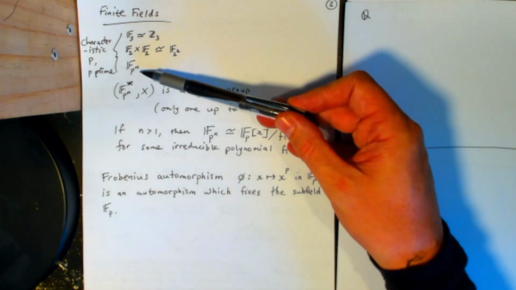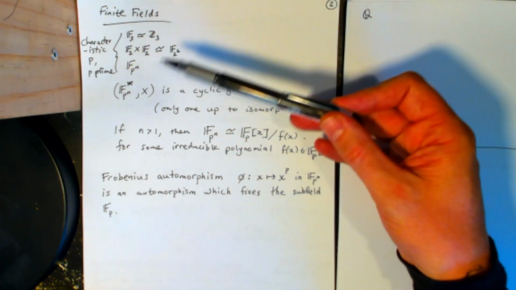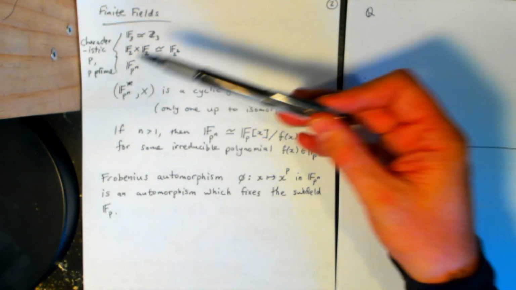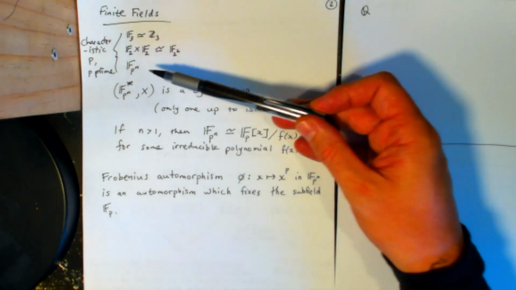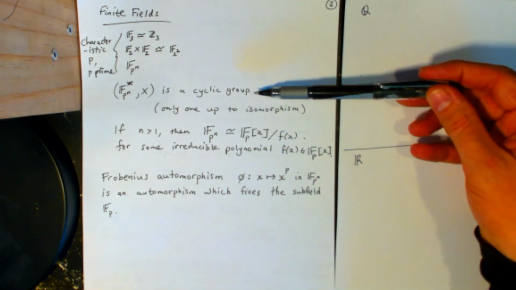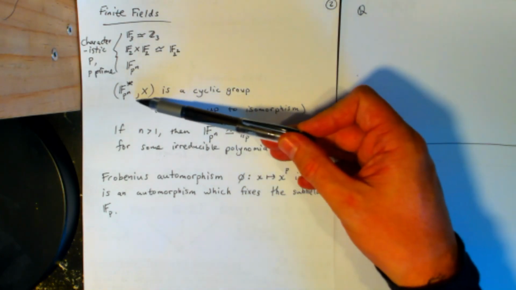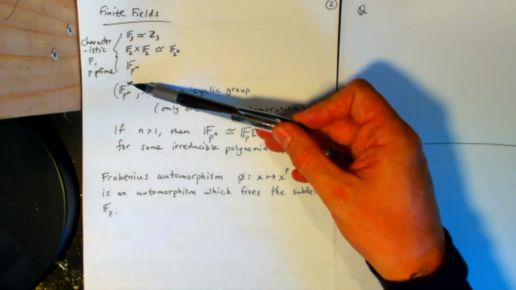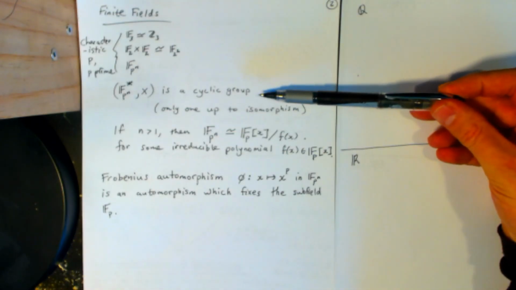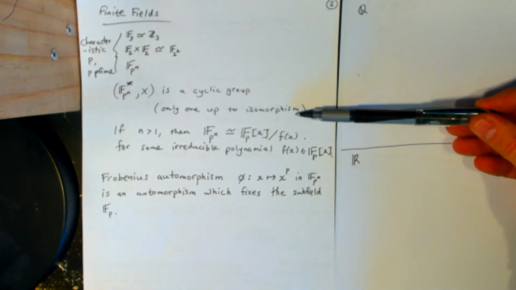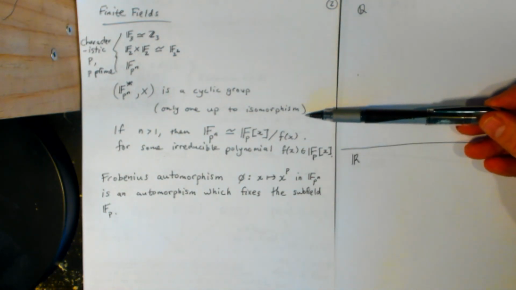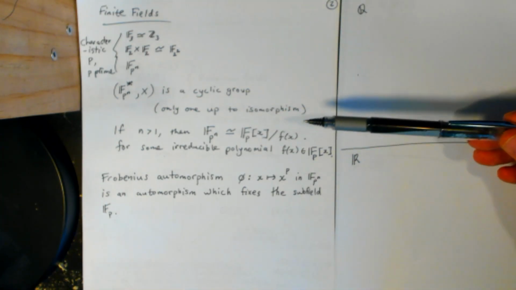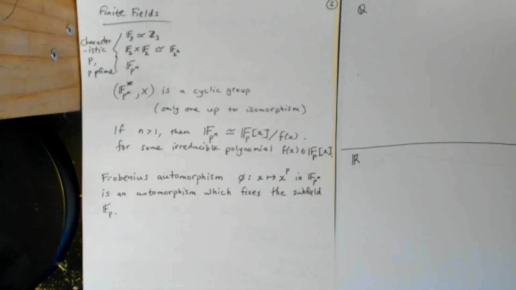And then F modulo, or integers modulo p to the power of n, where n is greater than 1. This is another example of a finite field. And in fact, this, together with multiplication, when you exclude 0, that is a cyclic group, and we know that there's only one of these up to isomorphism, meaning that if two are isomorphic, then we treat them as the same.